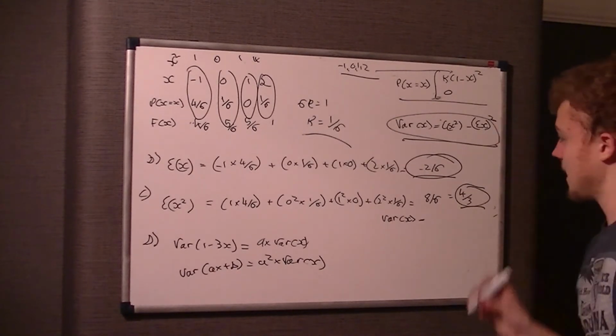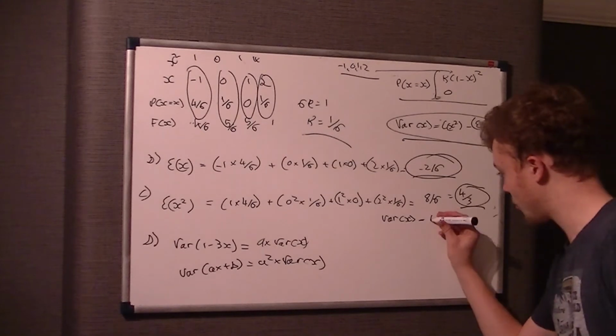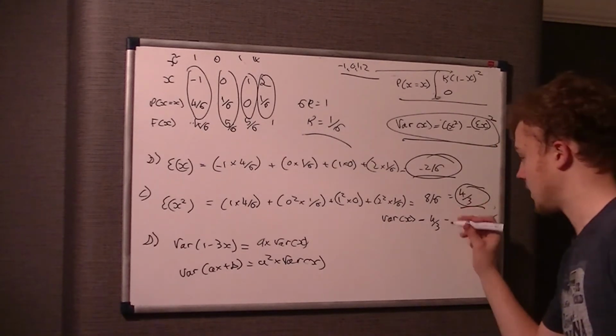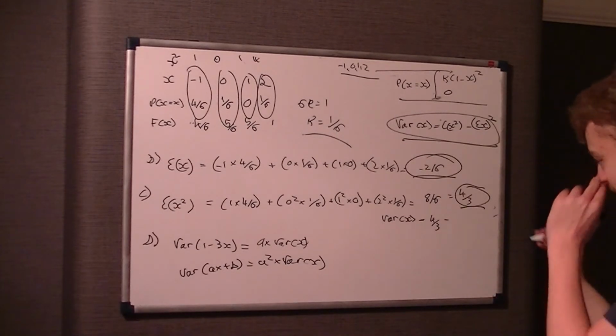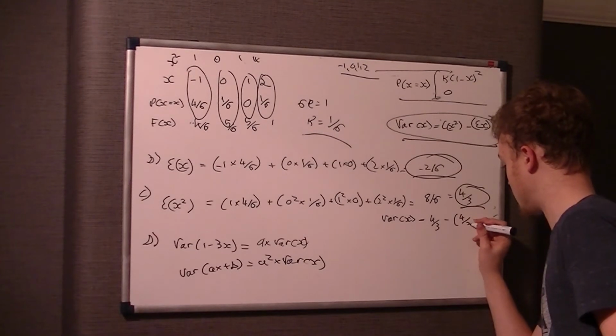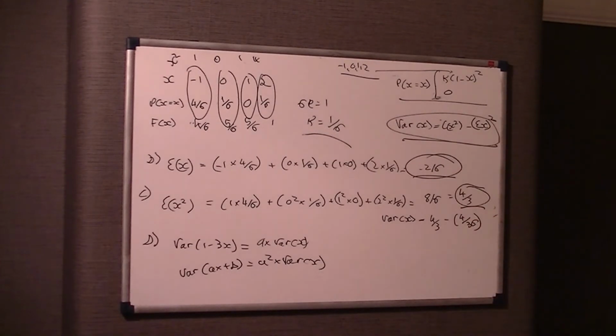So the variance of x is E of x squared, which you've already worked out, so it's 4/3 take E of x all squared. So it's not take away negative 2 over 6, you've got to square that first, so obviously it becomes positive 4 over 36. If I've got that right, just did that off the top of my head. Don't want to be wrong. I bet you I am though.